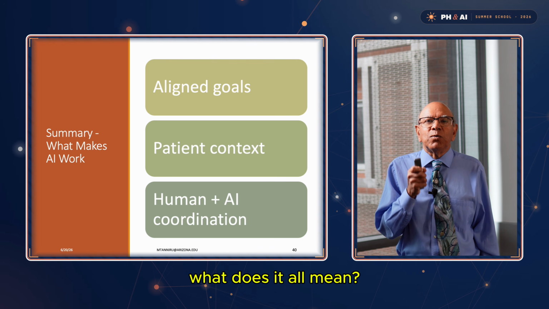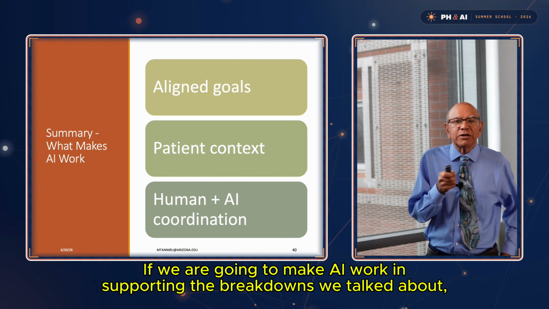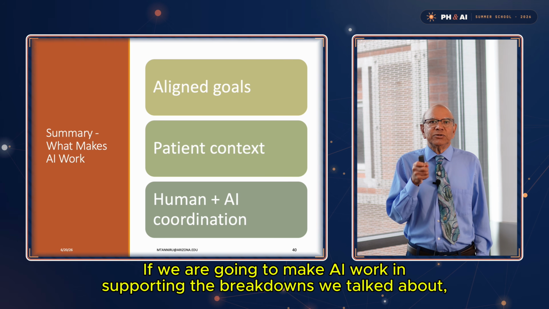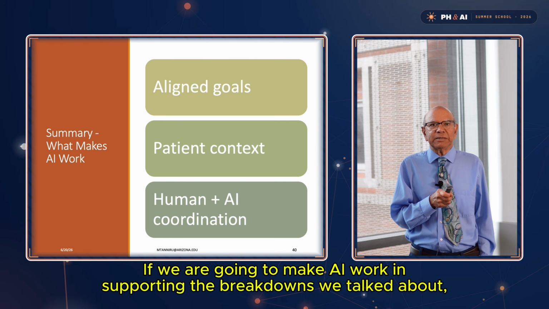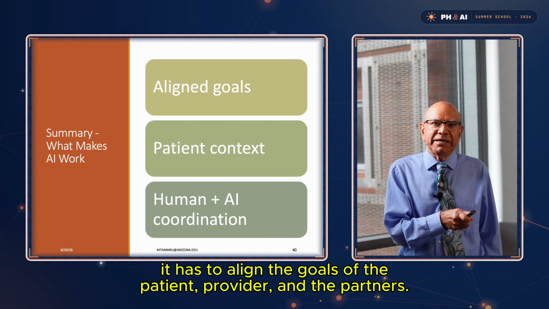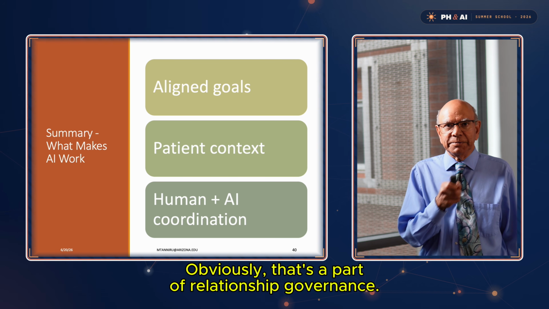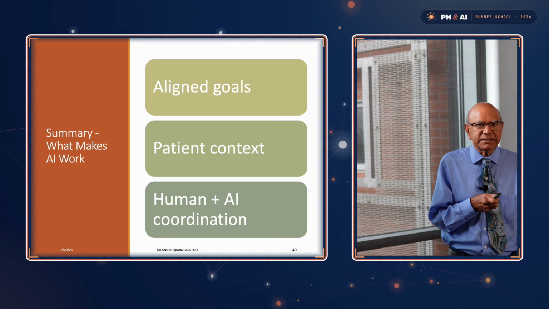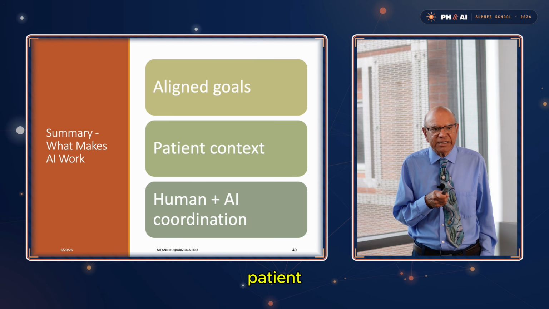So what does it all mean? If we are going to make AI work in supporting the breakdowns we talked about, it has to align the goals of the patient, provider, and the partners. Obviously, that's a part of relationship governance. That's a characteristic.